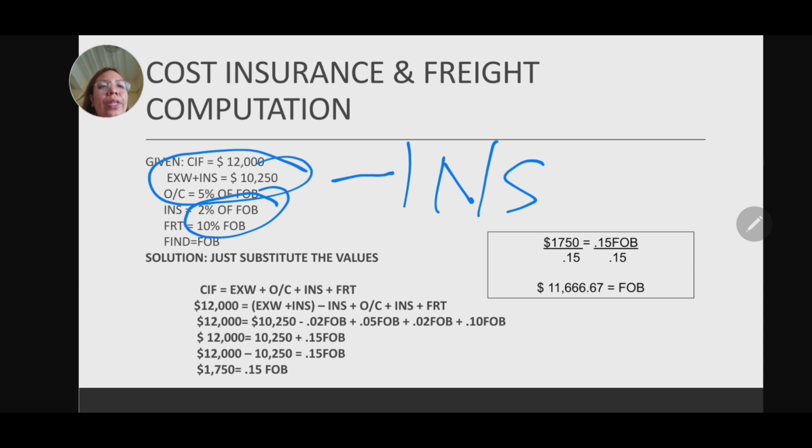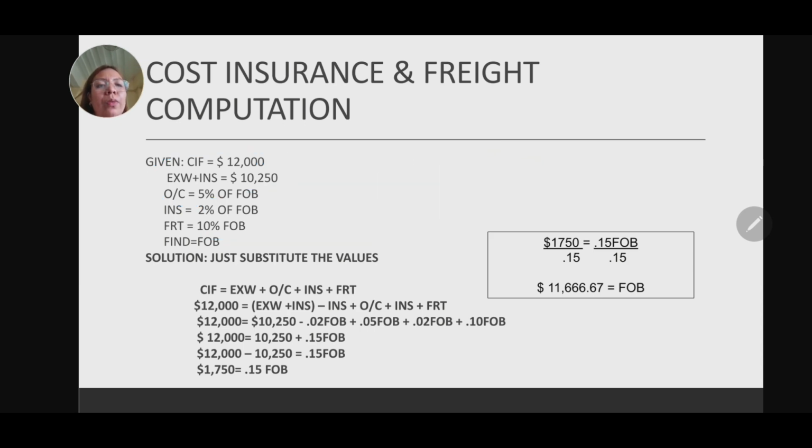So in this sample, if we substitute, we'll get $12,000 for the value of the CIF is equal to ex-works plus insurance, which is 10,250. Again, as I told you earlier, we need to subtract the insurance from ex-works plus insurance to get the ex-works.